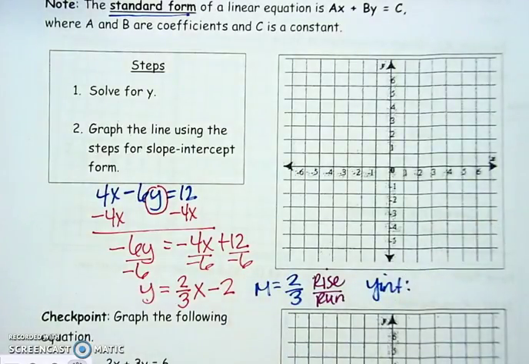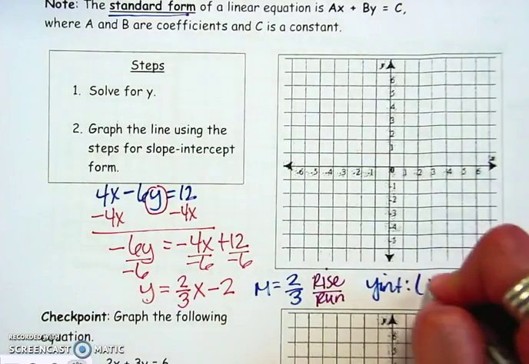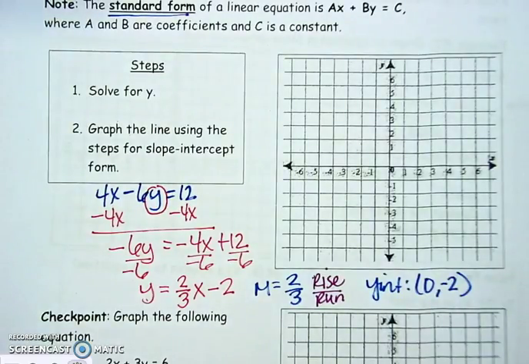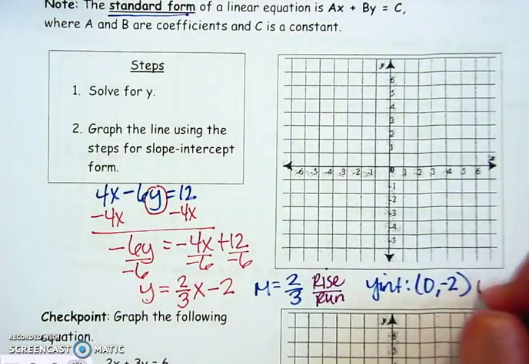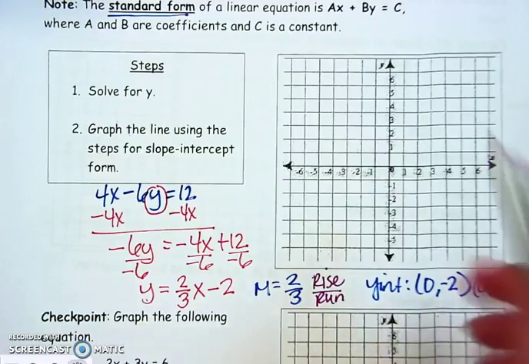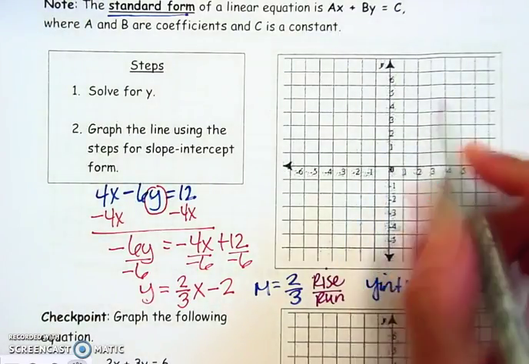If we identify our y-intercept as an ordered pair, we know it is 0, b, so my y-intercept has to be 0, negative 2, because the y-intercept is the point 0, b, whatever b is in your equation. From here, I want to plot my y-intercept at 0, negative 2. So I go 0, negative 2, and I plot my point.